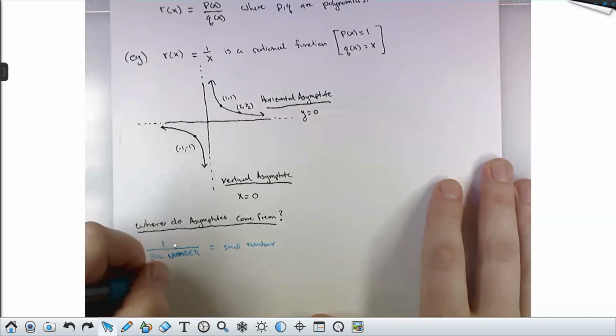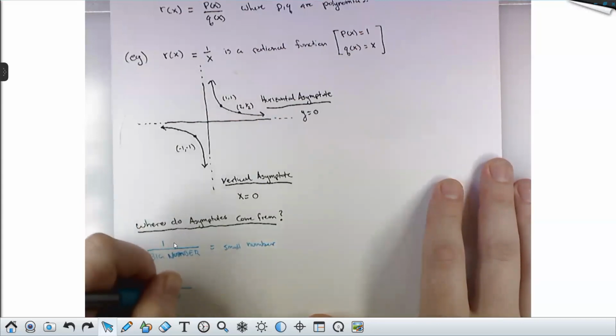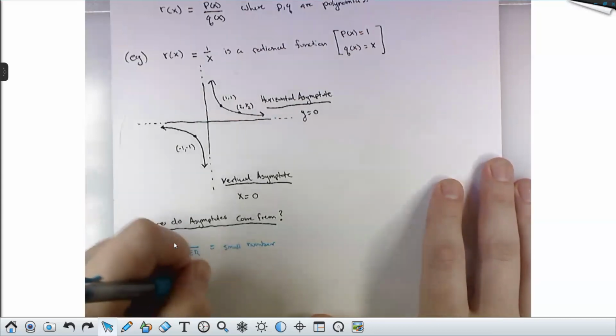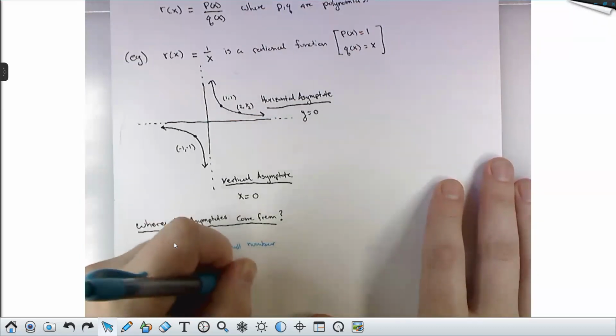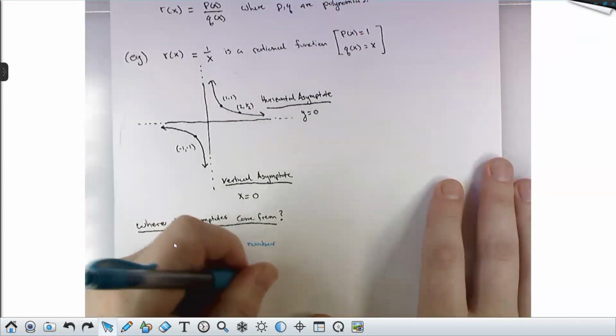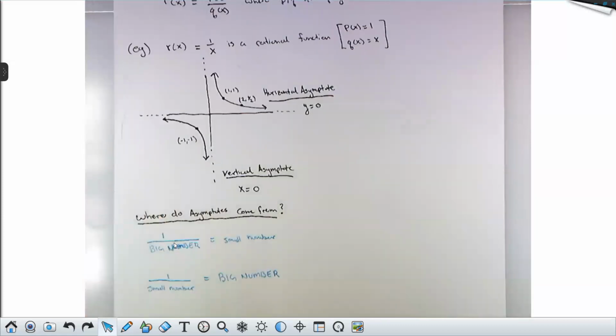And if you take the number 1 and you divide it by a very small number, then the result will be a very big number. And this is where asymptotes come from.